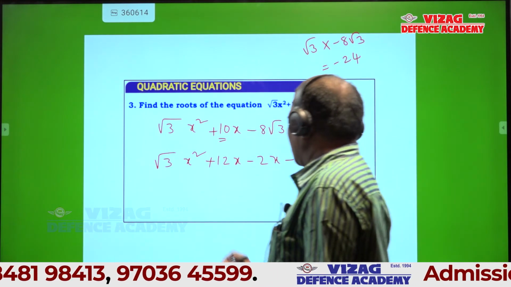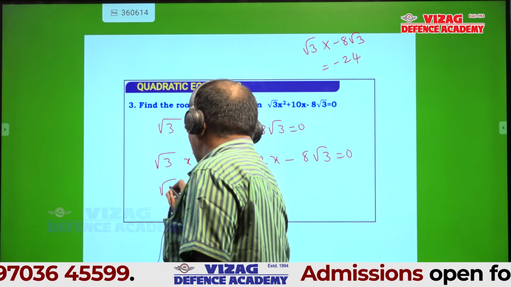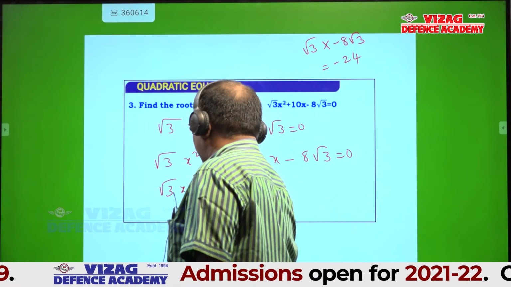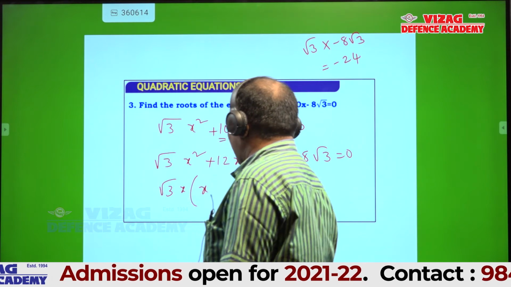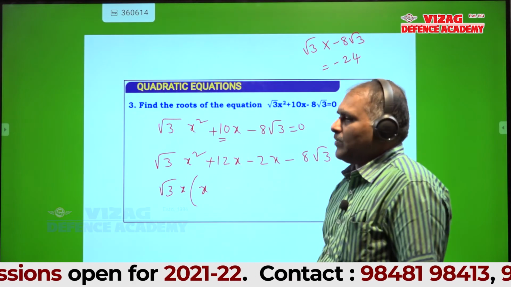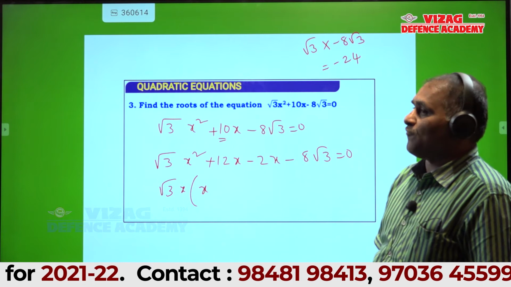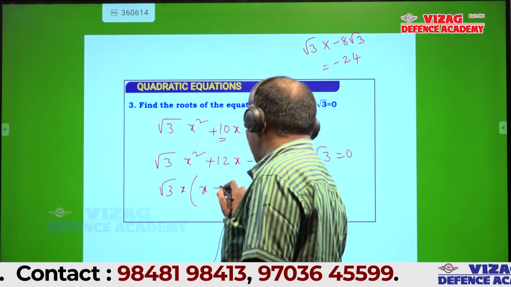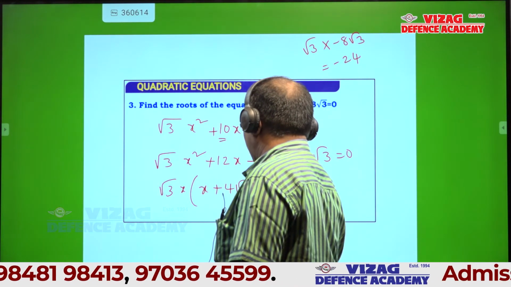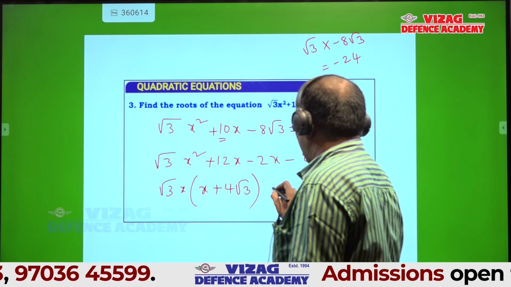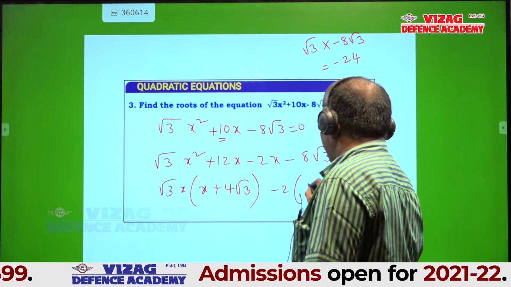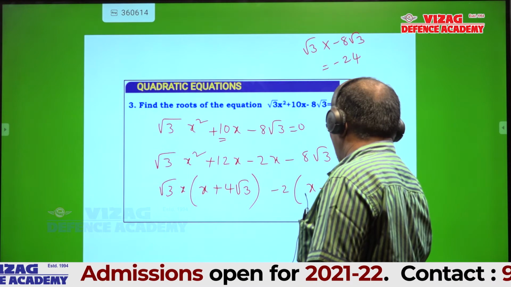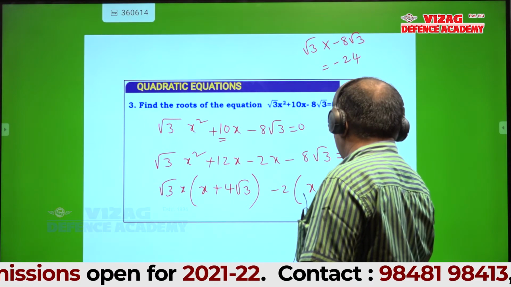Here root 3 x is common. Remaining x will be there. 12 can be written as 4 root 3. Here minus 2 common, x plus 4 root 3 is equal to 0.